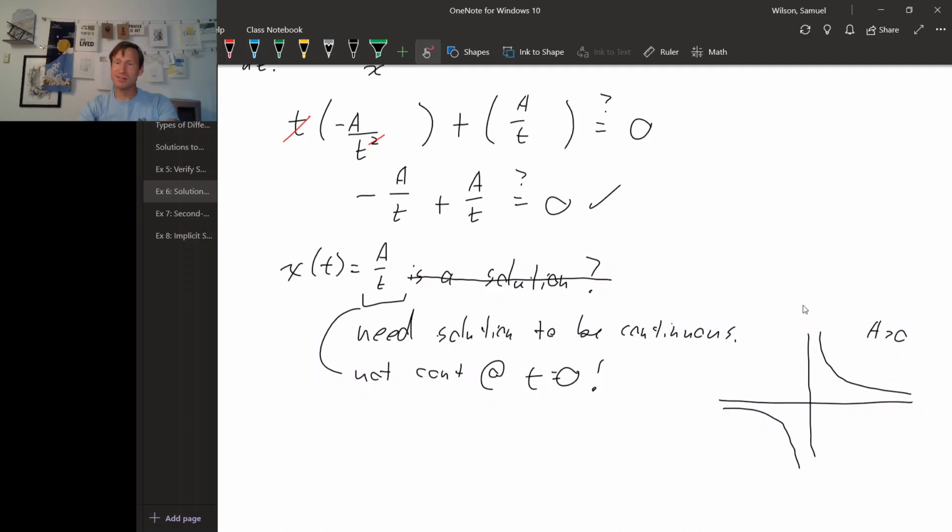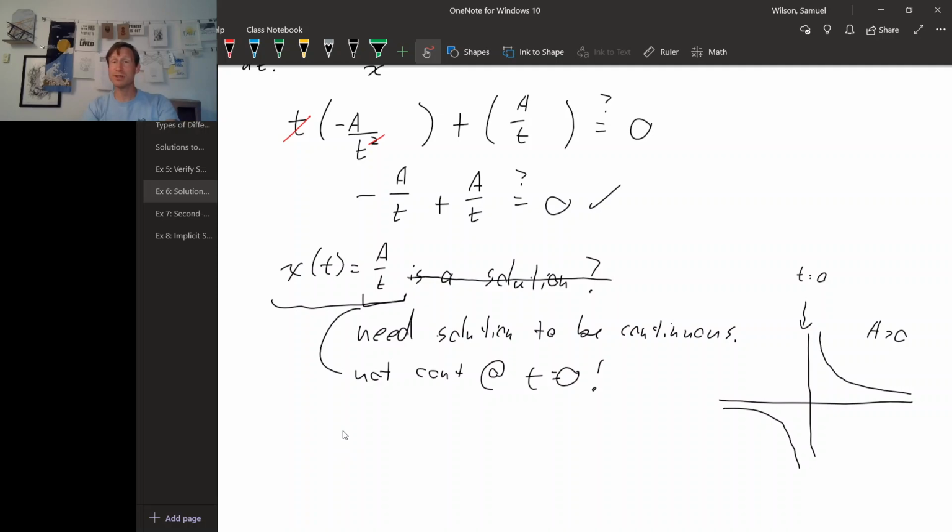This graph clearly is discontinuous at t equals 0. There's a big jump right here. As you approach t equals 0 from the left, it goes down to negative infinity. As you approach t equals 0 from the right, it goes up to plus infinity. There's this discontinuity.